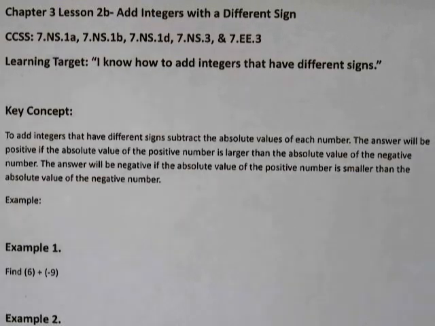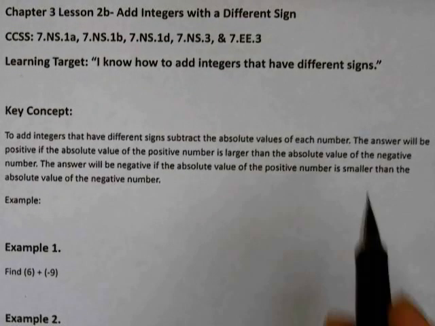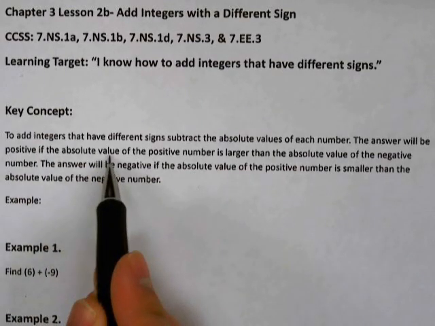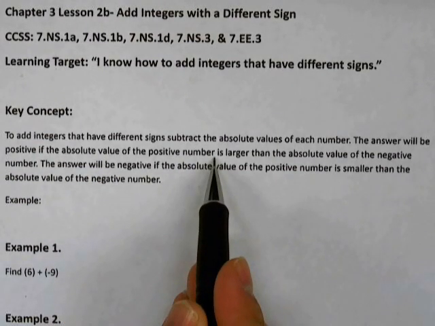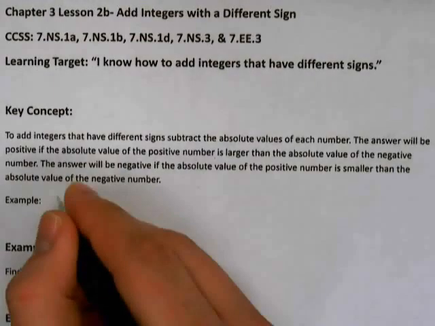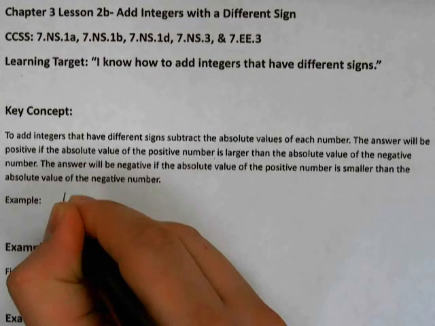The answer will be positive if the absolute value of the positive number is larger than the absolute value of the negative number. You have to read this very carefully because it's very wordy, but these are the rules, okay? So I'm going to read this again.